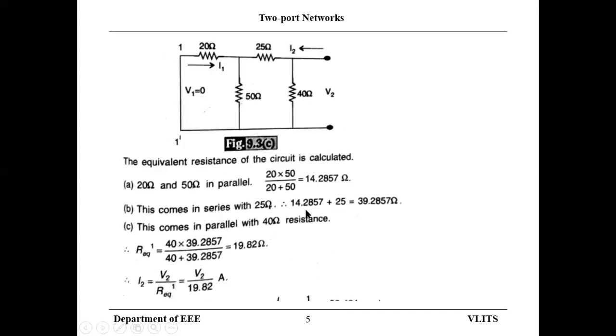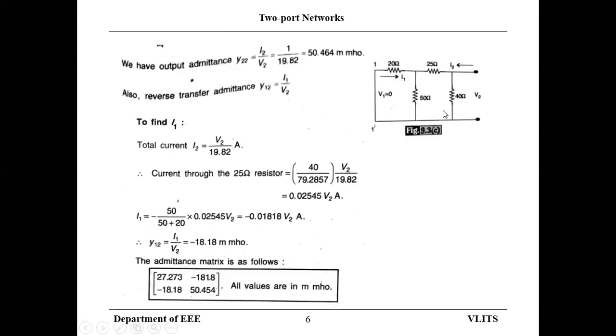The 20 and 50 are in parallel, the resultant is in series with the 25, and you got 39.28. So 39.28 plus 40 is 79.28, into the current I2. But here current I2 is V2 by 19.82, so that's how you have substituted.